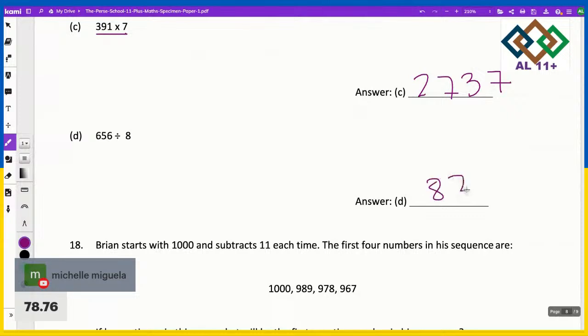Let me see what you guys are writing. So I could just write some of your answers. It's 2737. Nimra has corrected hers now.